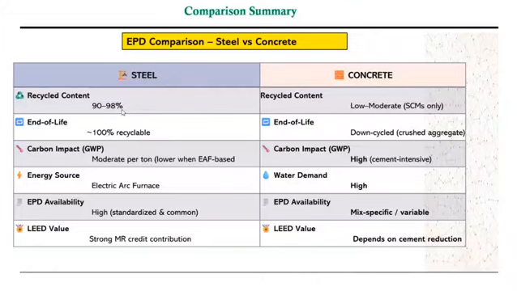If you compare, we have much more advantage for steel as compared to concrete in terms of energy use, water use, end of life, recycled content, EPD availability, and also the contribution in LEED. So we summarize that steel has more advantages than concrete, also in LEED, because LEED prefers recycling of materials.